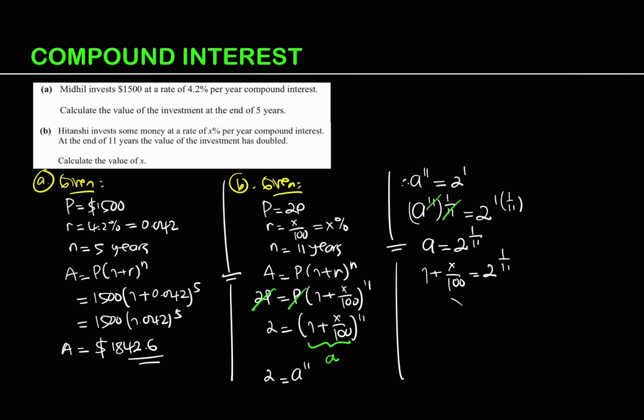So then X out of 100 equals 2 to the power of 1 out of 11 minus 1. 2 to the power of 1 out of 11 equals 1.0641, and then you minus that with 1. So X can be found at 6.41 after you multiply with 100.